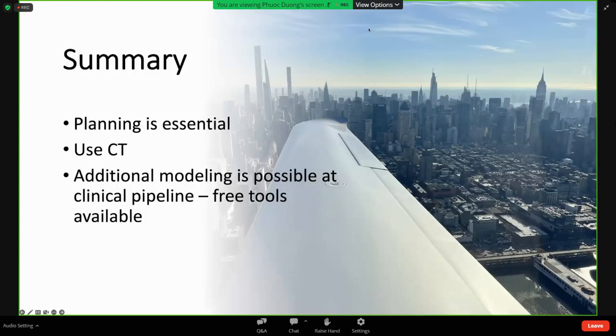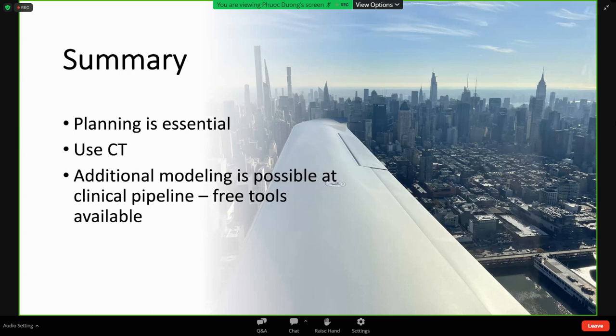Just a quick summary, as the previous speakers highlighted: planning of the management of this condition is essential, and my message is to use technology to assist you as much as possible with the procedure time, so that the journey can be pleasurable and you can enjoy the view. You can have pre-planning before you walk into the case, and that will translate into good outcomes.